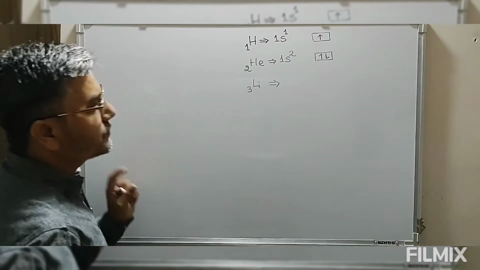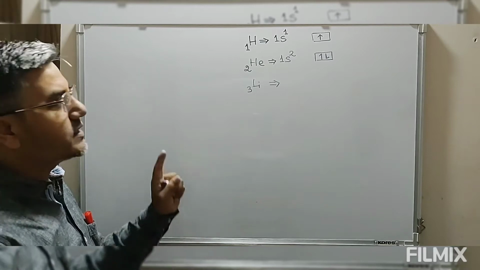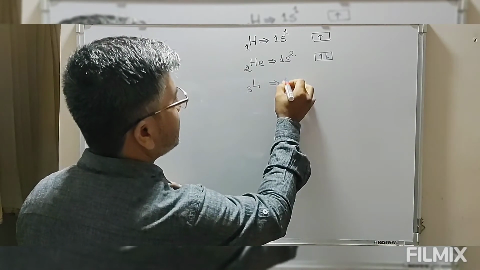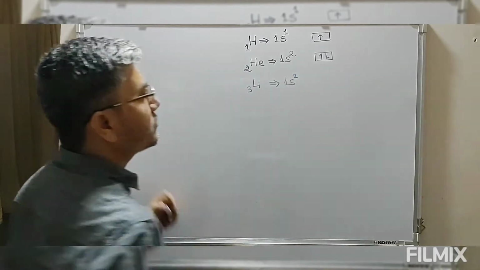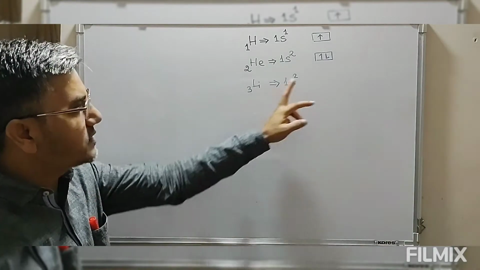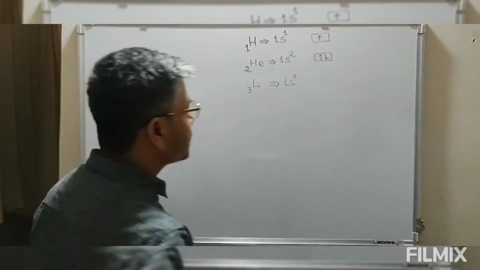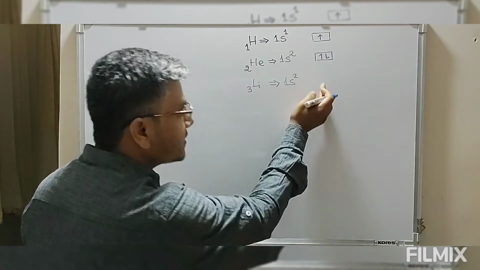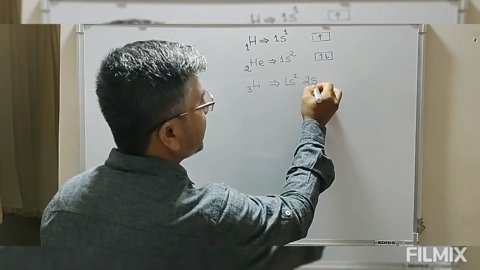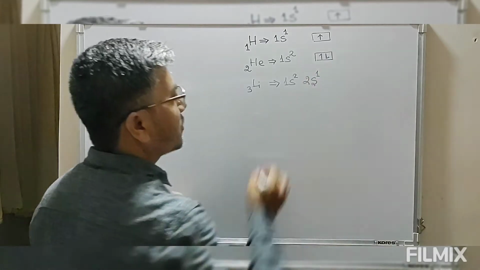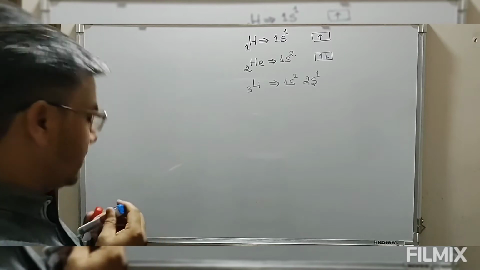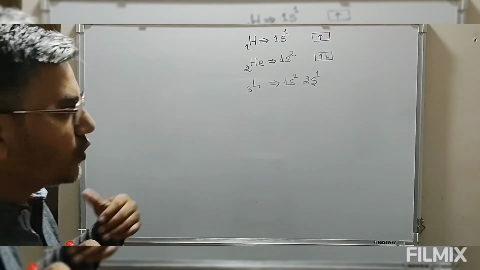Now look at this, the first 2 electrons are placed in 1s, so we say this is 1s2. The maximum number of electrons that can be placed in the s orbital is 2, so we cannot place the third electron in 1s. The third electron should be placed in the next energy orbital, that is, after 1s, the second energy orbital is 2s, so we have to place 1 electron in the second shell s orbital, that is 2s.